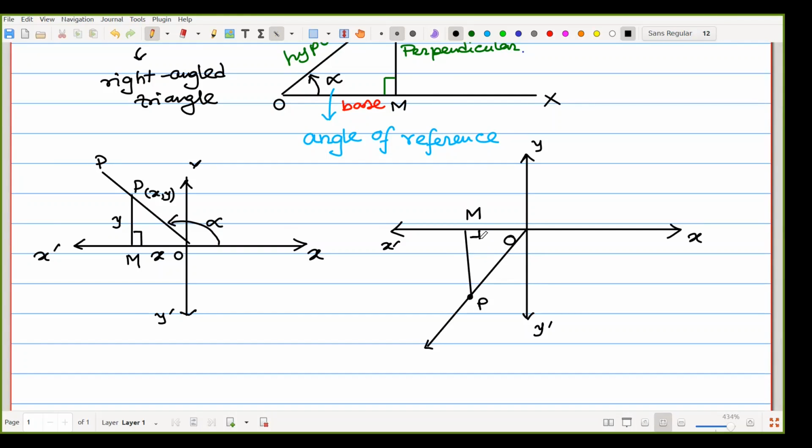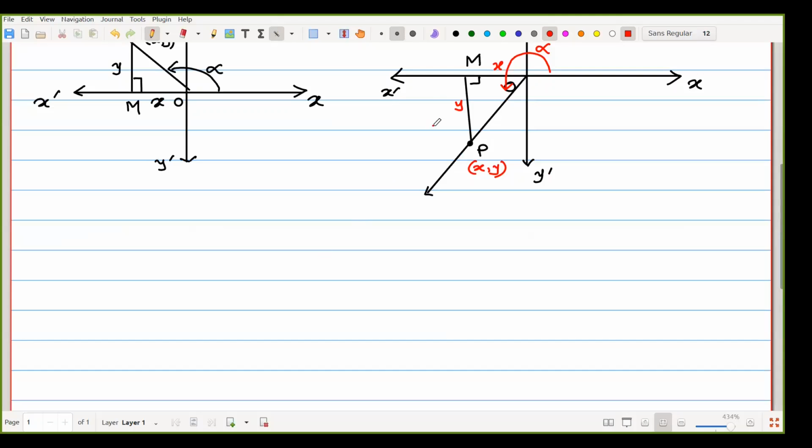So that one is the right angle. So alpha means here that one, because the angle of reference is always here. Same as, if the coordinate point is x, y, so that one is the x, that one is the y. That may be a very simple diagram like that also.